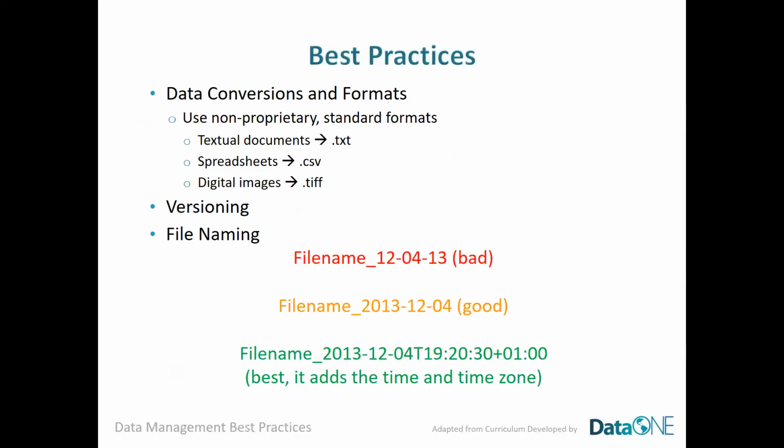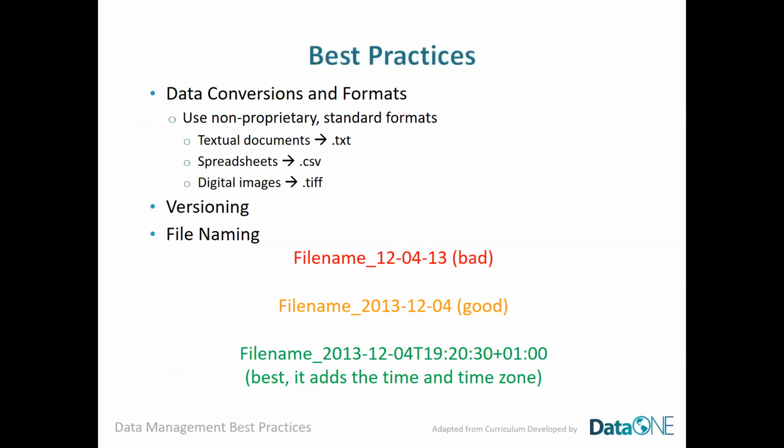Here are some examples of file names. You see the one in red, file name underscore 120413, is a bad file name because you don't know whether that date is April 12th or December 4th. And so you want to use the standard ISO date format, which is a 4-digit year, dash, 2-digit month, dash, 2-digit day.